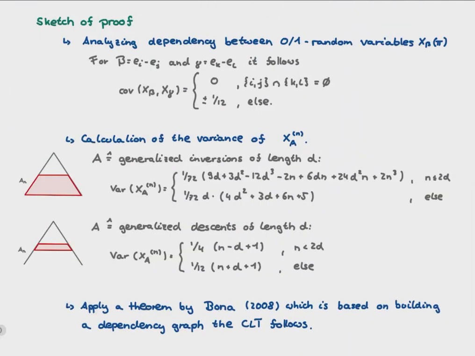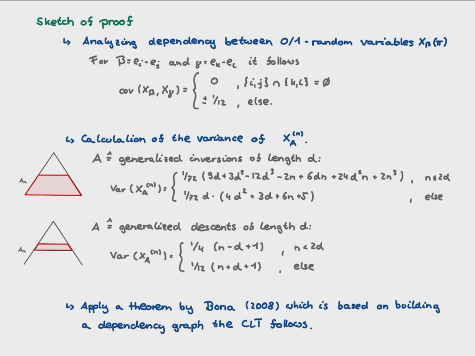And finally, I want to talk about the sketch of the proof for the simpler case of considering permutations again. As we are interested in the variance and as we are considering a sum of random variables, we started analyzing the dependency between these variables x sub beta of pi.